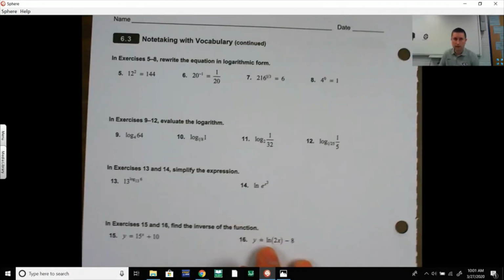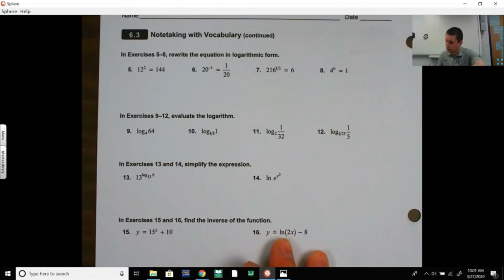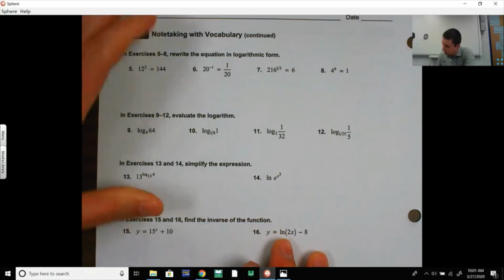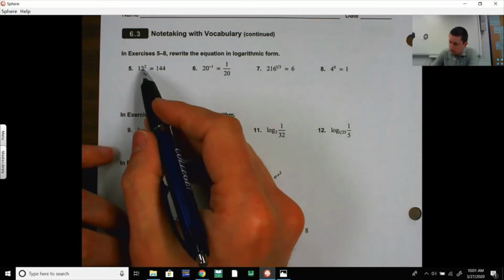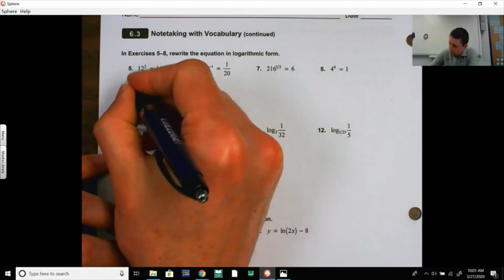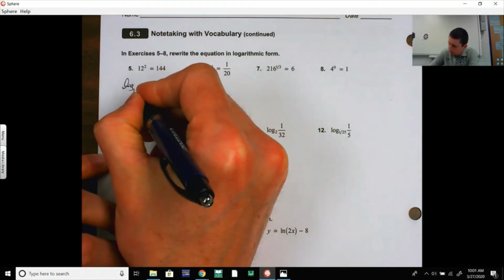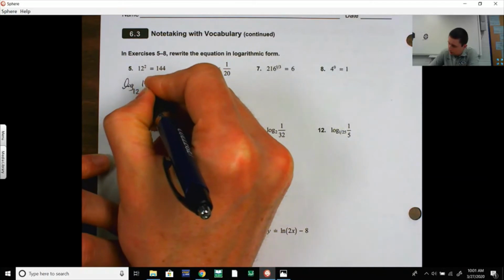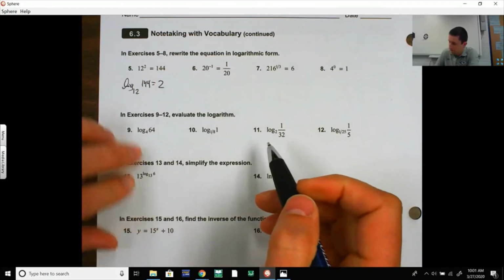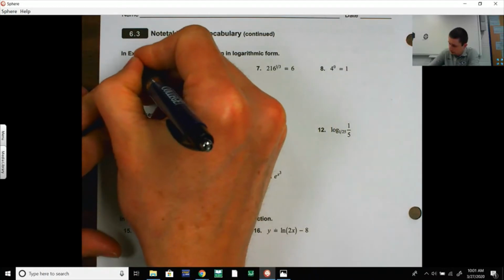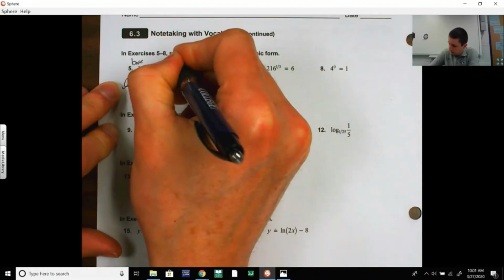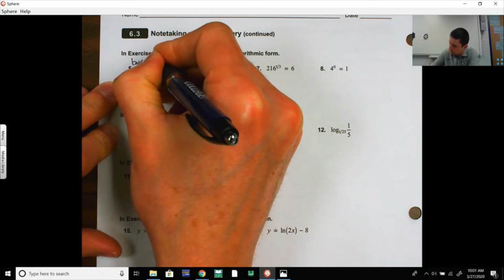Okay, going the other way, rewrite them in logarithmic form. So 12 squared equals 144, so log base 12 of 144 equals 2. There's your answer, and this is what it's going to equal.